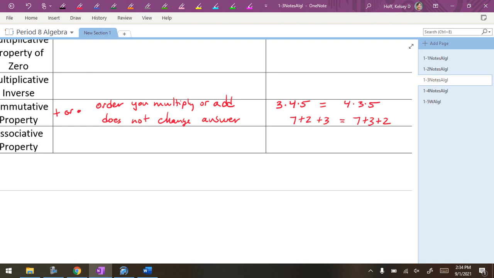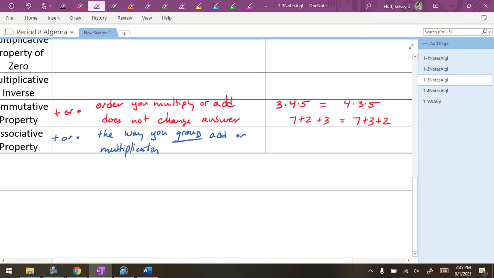So in this one, again, addition or multiplication, the way you group, because this deals with parentheses, the way you group addition or multiplication does not change the answer.